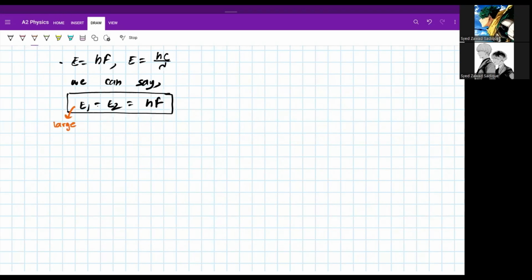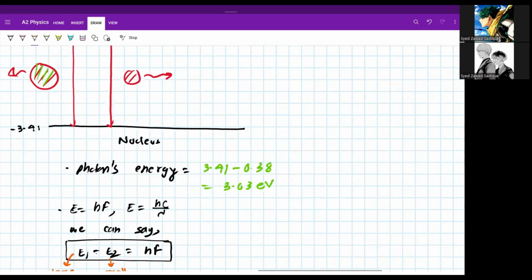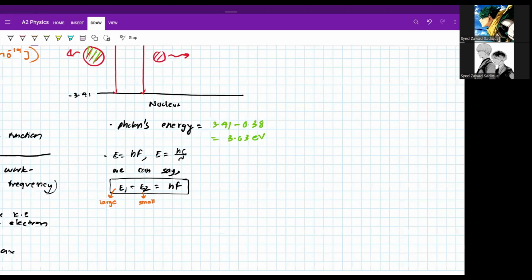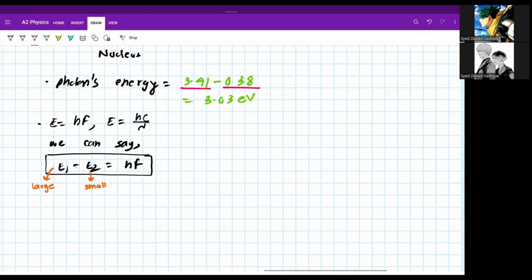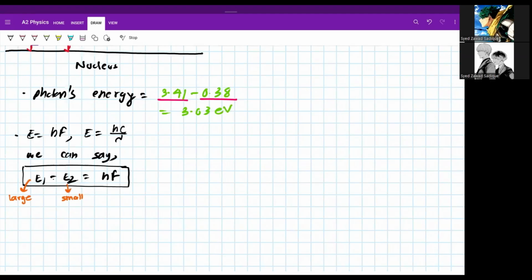The large value minus the small value. You can ignore the minus, by the way, but if you include the minus, then just make it opposite. For example, 3.41 and 0.38 give 3.03 without the minus.